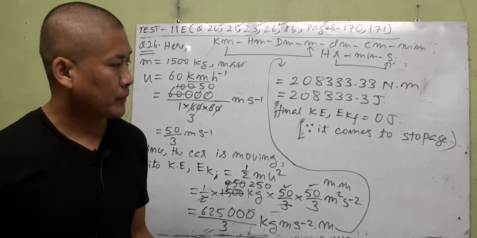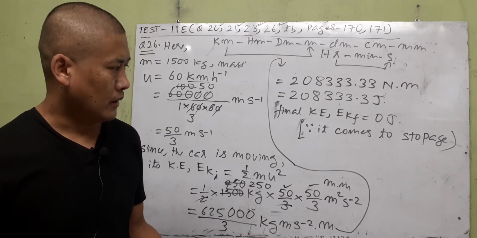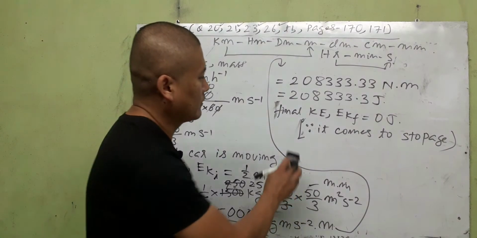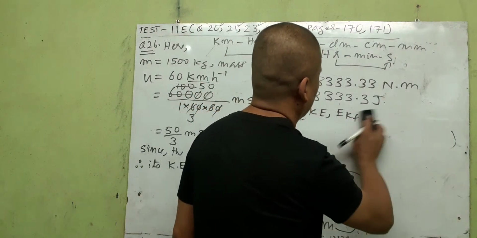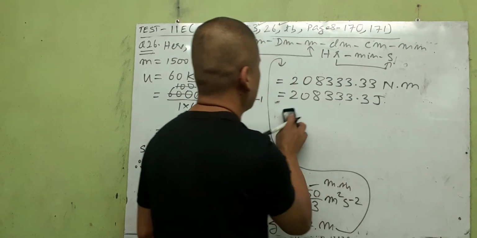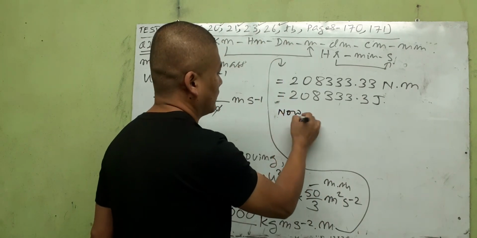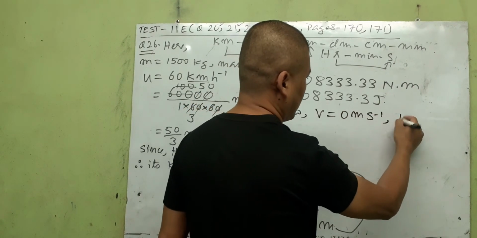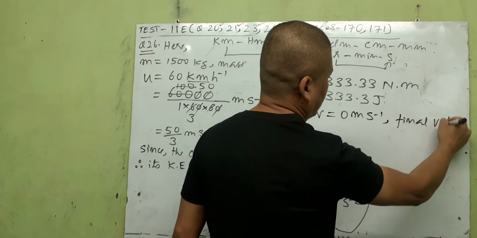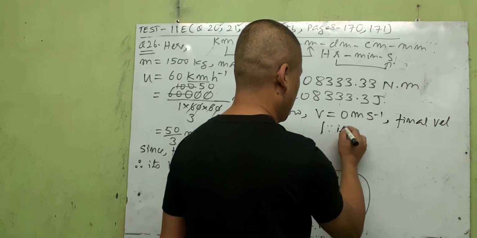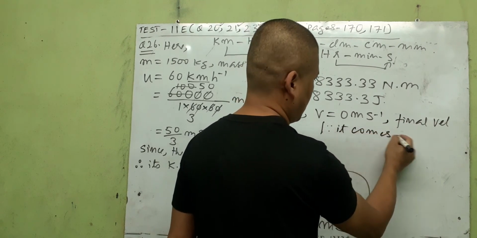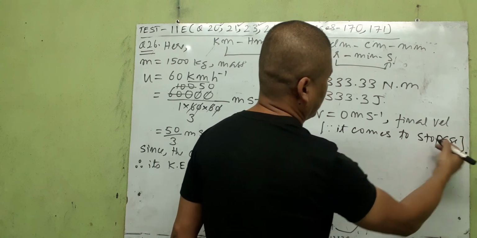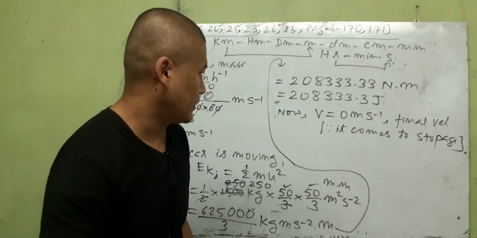Final velocity, since it comes to stoppage or rest, V will be 0 meter per second. If you stop, velocity is not there, so 0.